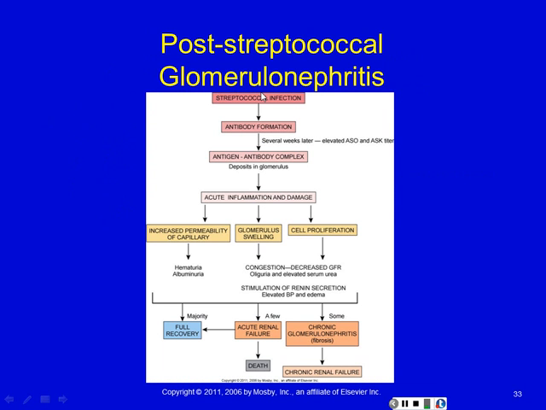All right, so here's sort of that pathway. Strep infection somewhere, usually not the urine, remember, because it's not a common cause of urinary tract infection. Antibodies form. The antibodies join up with antigens from that strep infection. They get deposited in the glomerulus, and then we get our acute inflammation. So we get capillary permeability with hematuria and proteinuria.